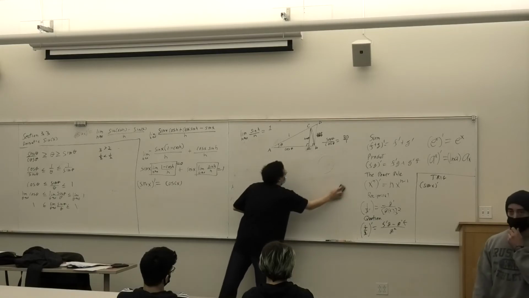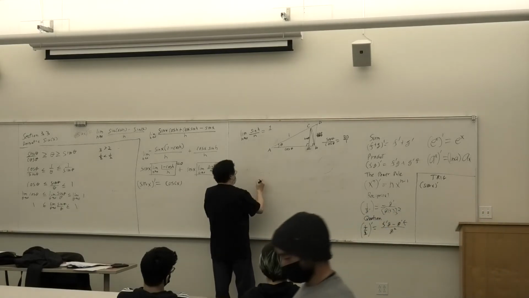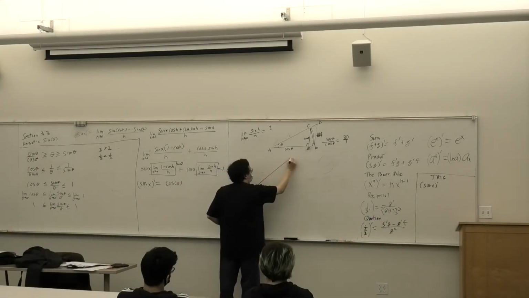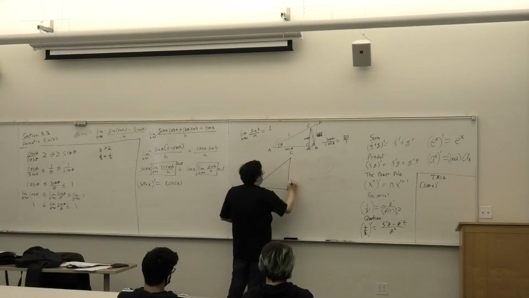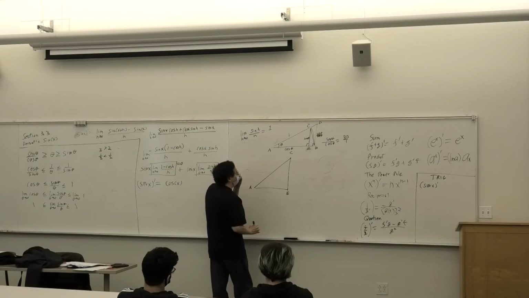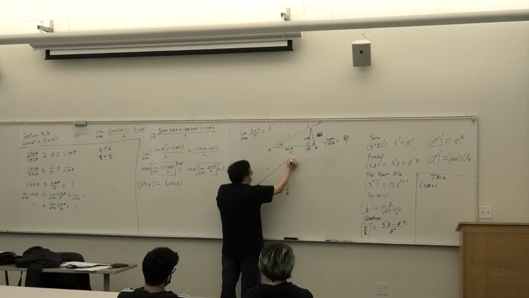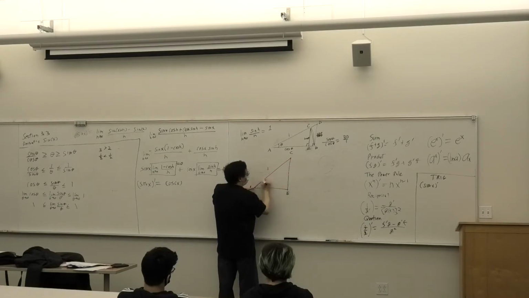So, let me try again. A good picture is worth 1,000 words. All right. So, this is A, C, E. This is 1. And now, this is the center of the circle.